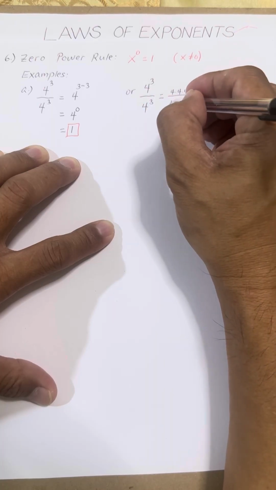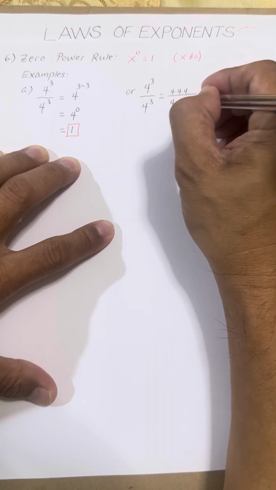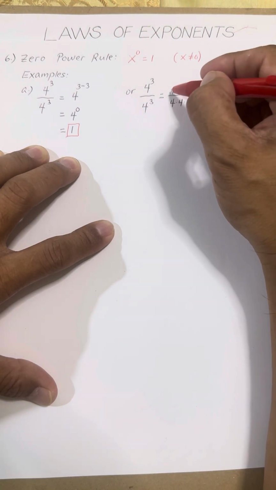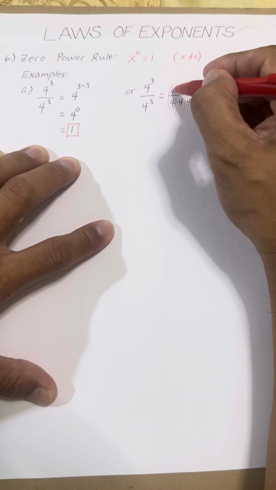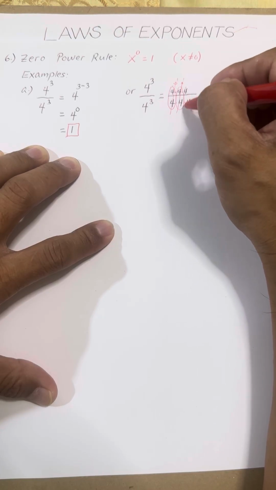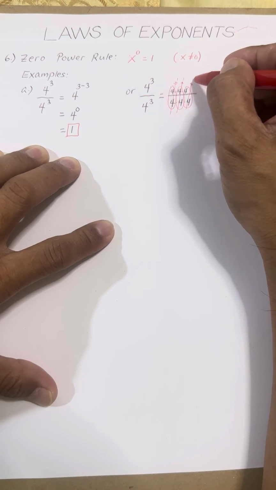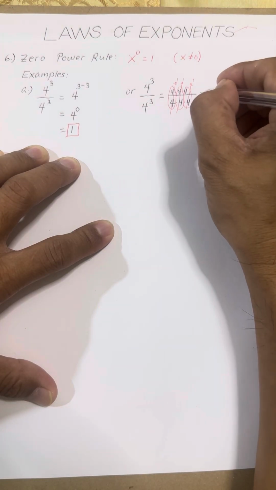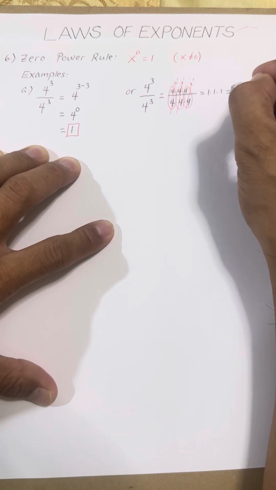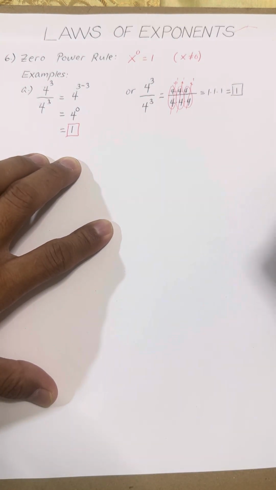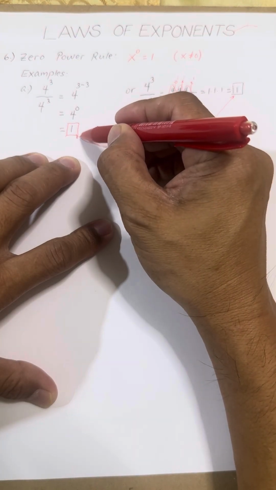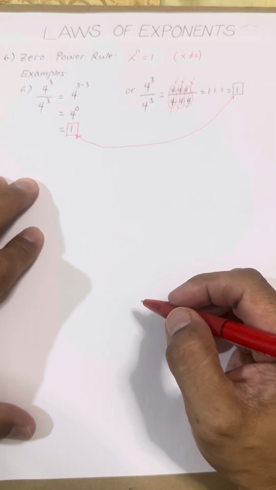In the denominator, the same: you have 4 times 4 times 4. If you look at the numerator and denominator, we have 4 over 4, equal to 1. We have 4 over 4, that is also equal to 1. 4 divided by 4 is also equal to 1. So therefore, we have 1 times 1 times 1, which is equal to 1. So we got the same result. That's the zero power rule.